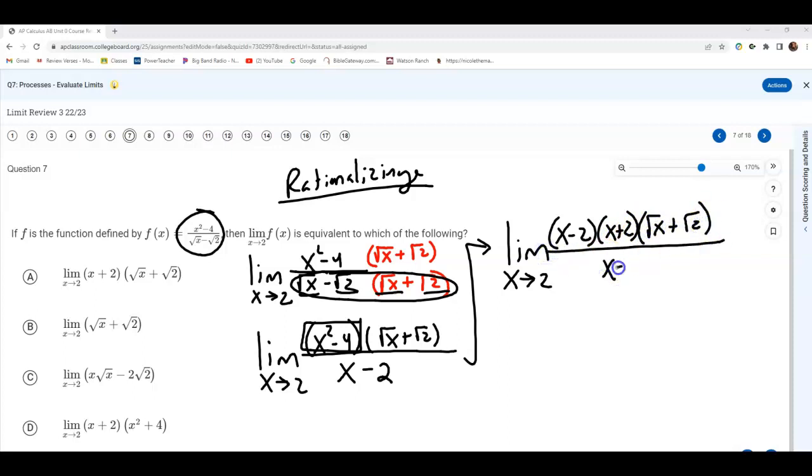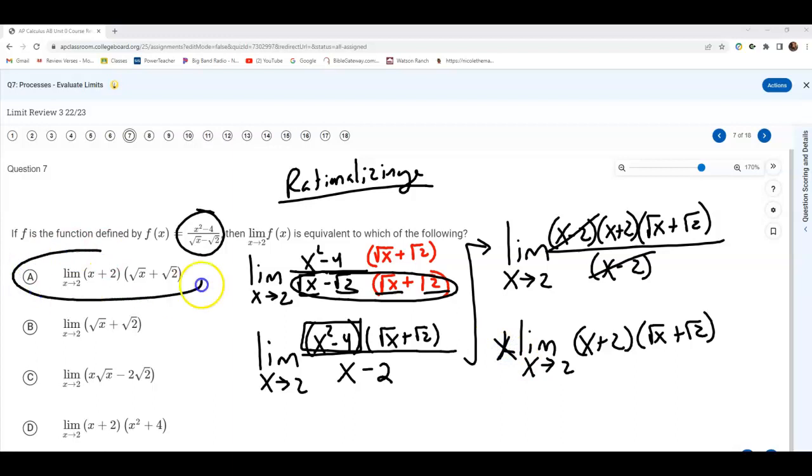And now that I've done that, we can remove the discontinuity, and I'm left with this. Now the next step would be to plug in the 2, but I already looked at my multiple choice, and I already see this expression over there, so that's the one that they want. Okay, so they just wanted you to remove the discontinuity, not actually finish the limit.